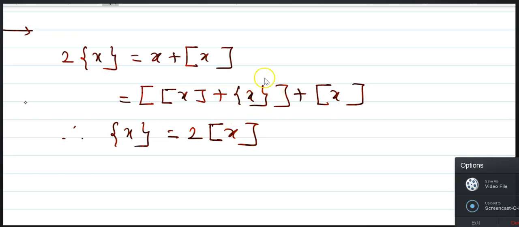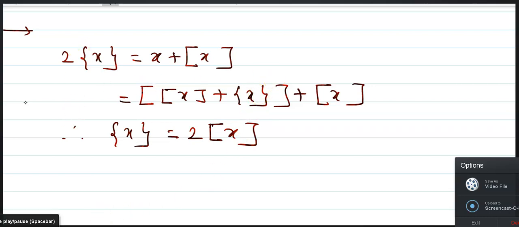Now on both sides there is a fractional part, and on the left it is 2 times. Therefore, only a single fractional part of x remains on the left-hand side, equal to 2 times the integral part of x, since one fractional part cancels from both sides.